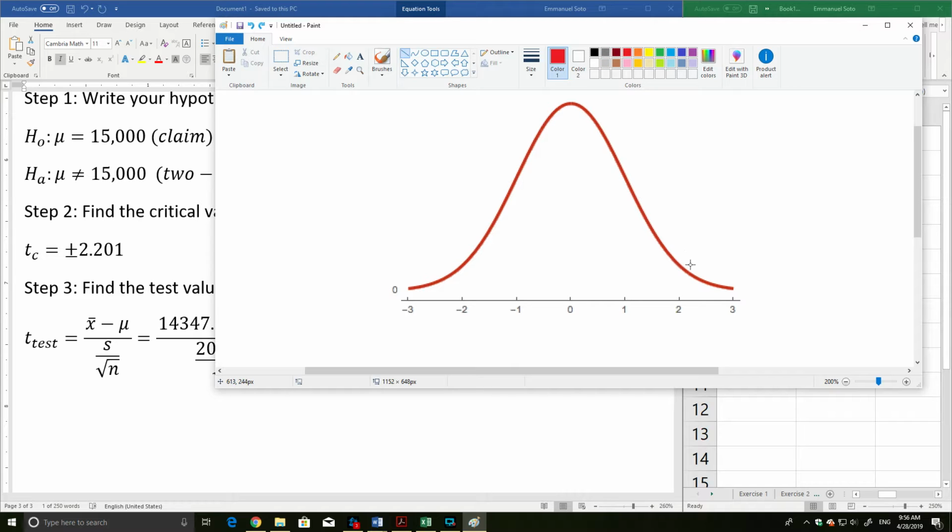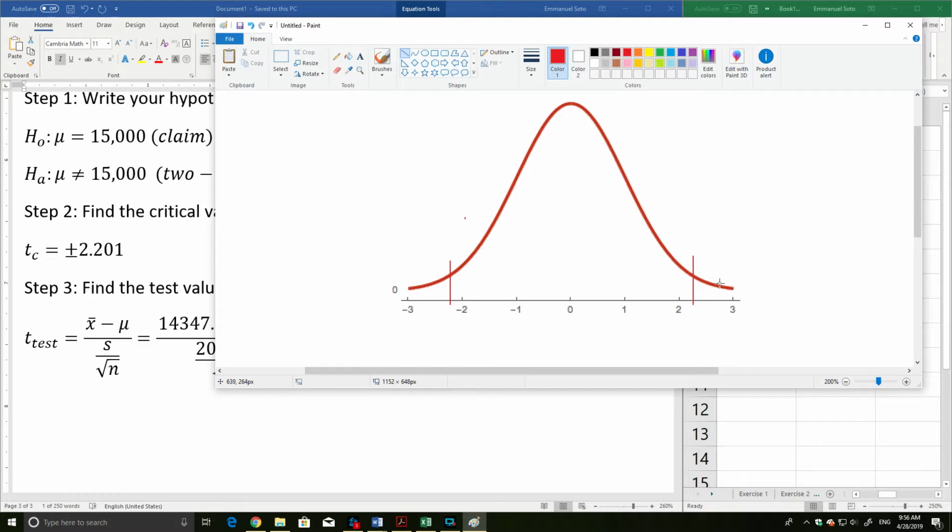And I'll label those in red. And I don't want the lines to be so thick, so I'm going to go to size and do a thin line. All right, 2.201 right there. And then negative version like that.